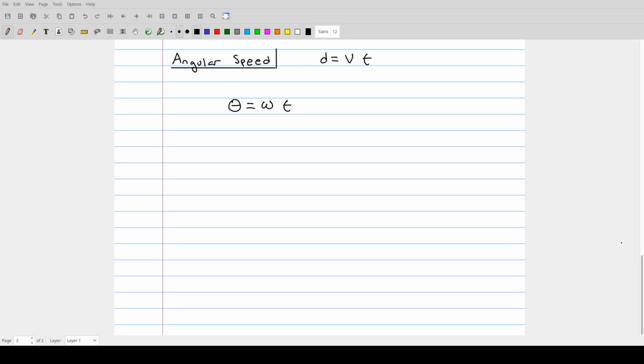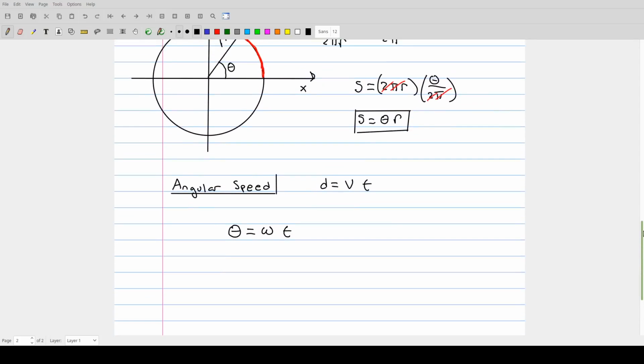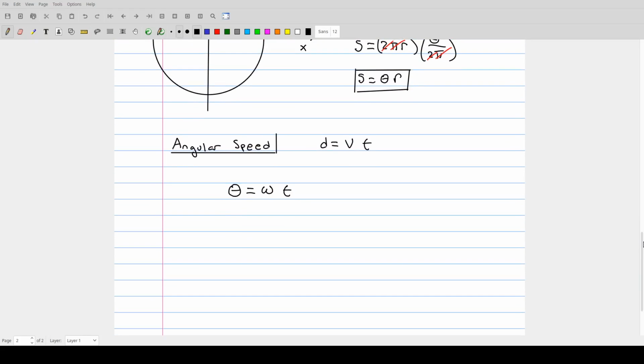But using what we know about arc length, we can actually go through and say that the arc length is changing at a constant rate.